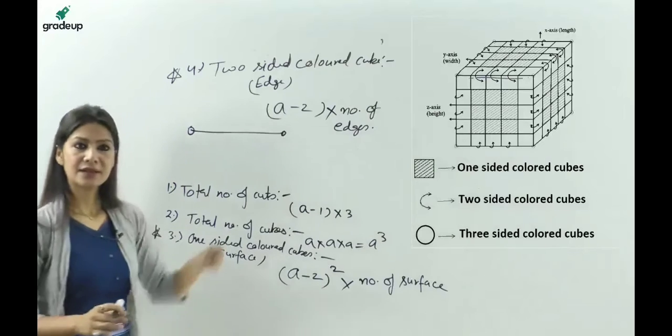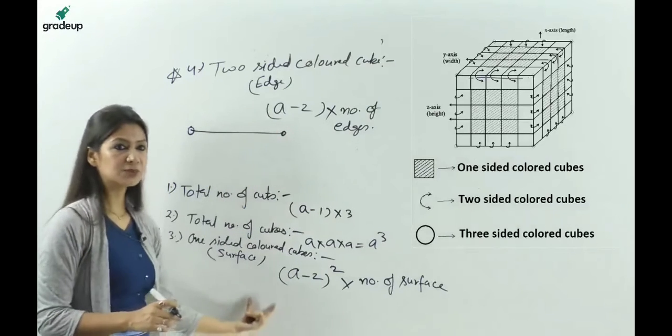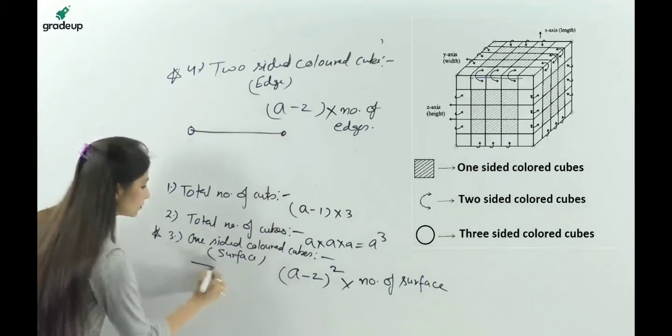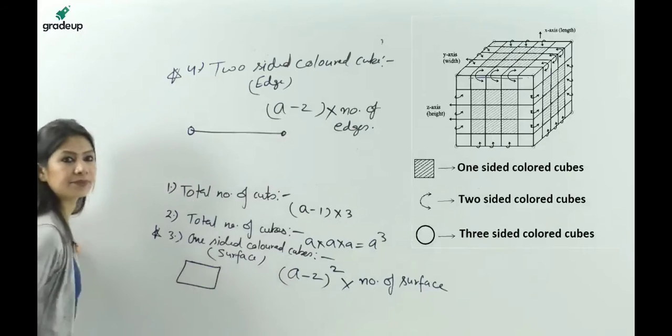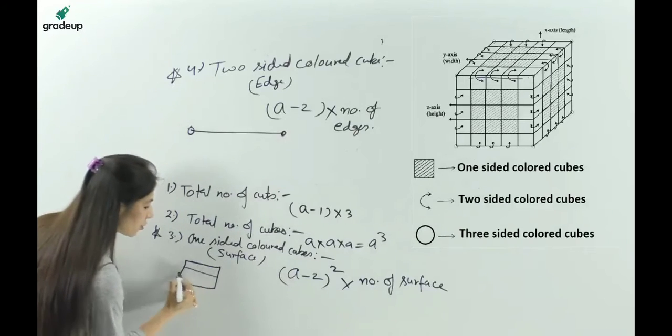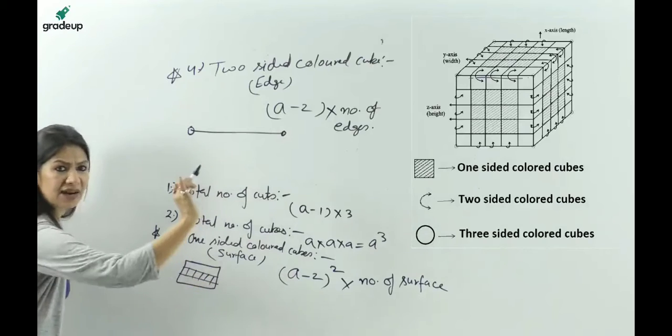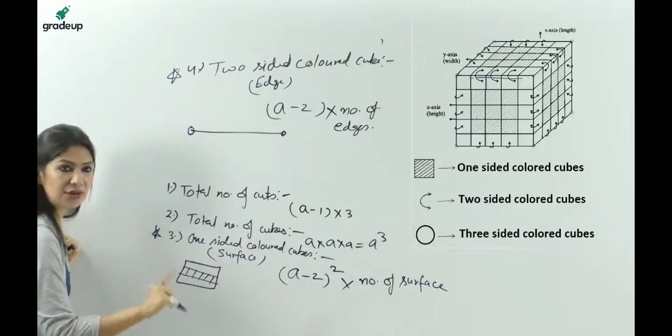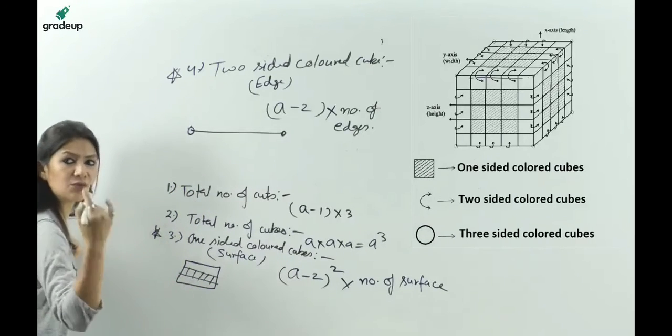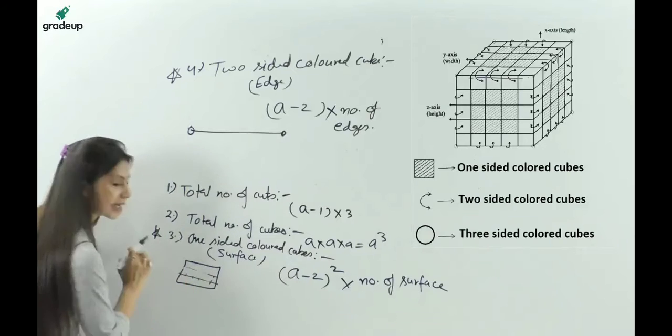Okay, is that clear? Now coming to this point, why A minus 2? This is one surface. In the surface, overall from here to here, I have A parts. I am not counting the value of A, like 4, 3, 5, 6, whatever it is. In generalized form, it is A, right?